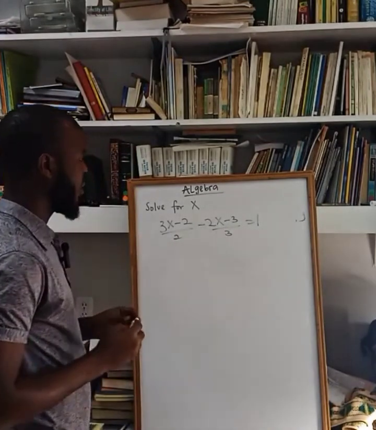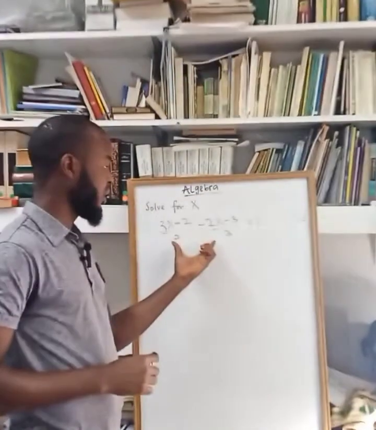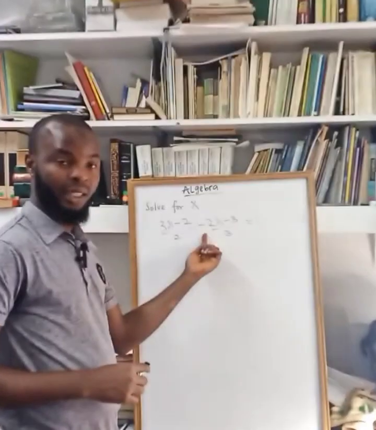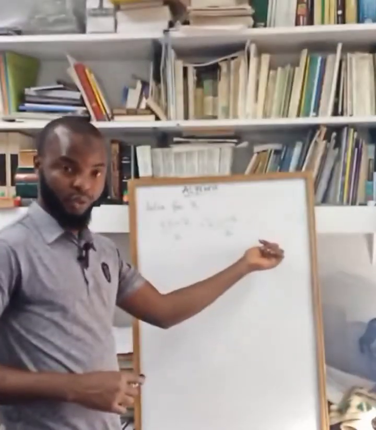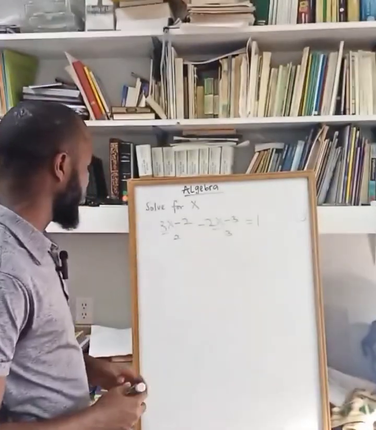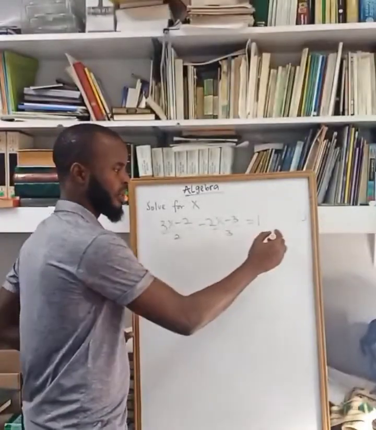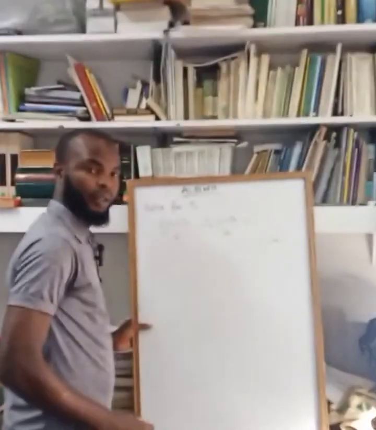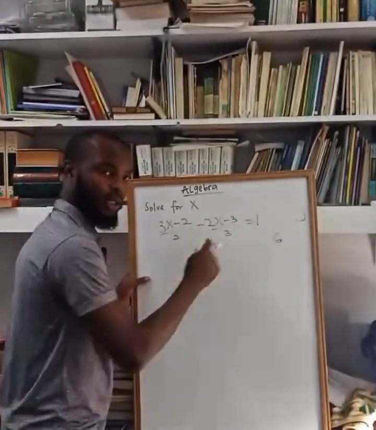Now, looking at this, we have two rules of fraction here. The first rule is that we are having two fractions separated by a negative sign, and also we're having another fraction which is equal to 1. So what we need to do is to look for the common factor here. 2 multiplied by 3 gives 6. Now, that's the LCM of 2 and 3, which gives 6.